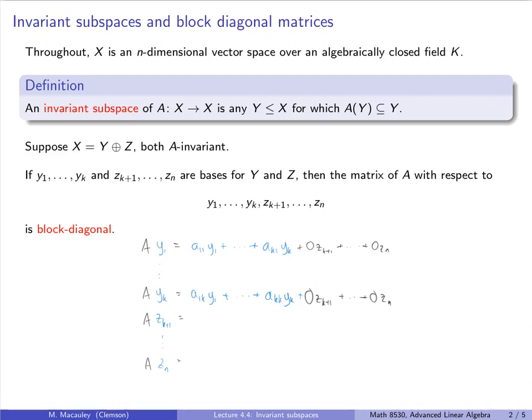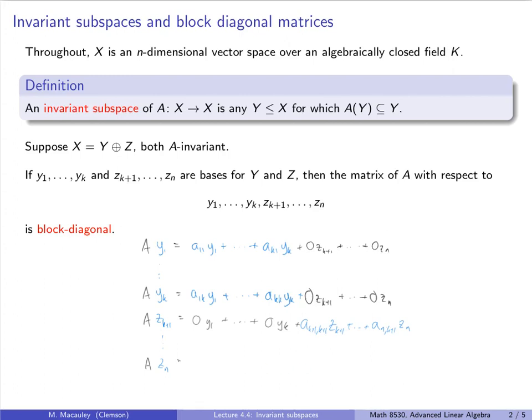So we're going to get A zk plus 1 is 0 y1 plus 0 yk plus some ak plus 1 k plus 1 zk plus 1 plus and so on up to an k plus 1 zn. Hard to keep track of these indices. Remember that the rows here are the actual columns of the matrix, so it's doubly confusing.